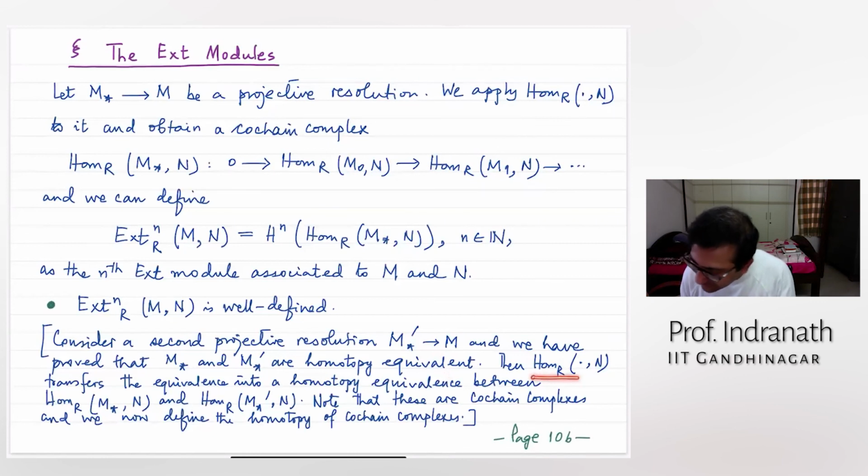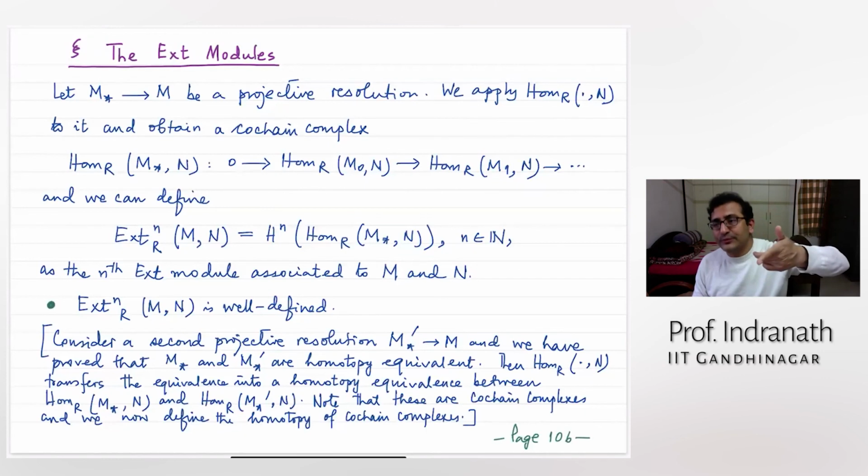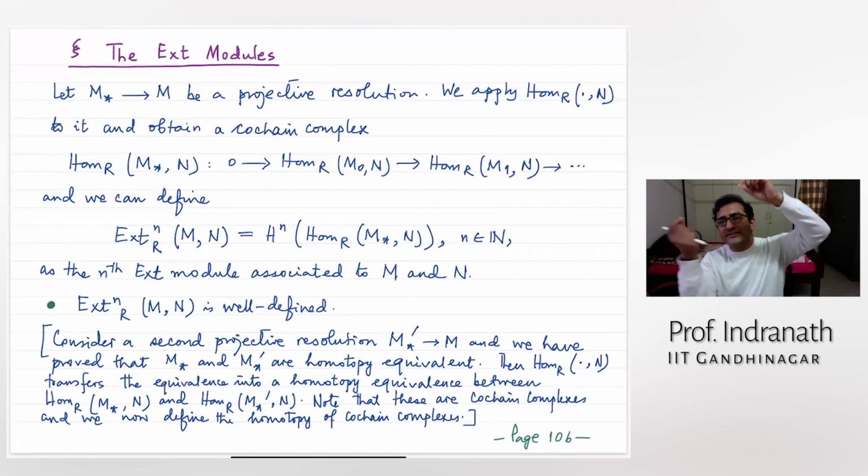Then you apply the functor, and this transfers the homotopy equivalence into a homotopy equivalence between these two complexes, chain complex going to cochain complex. Once you have a homotopy between complexes, that gives rise to equality at the level of homology modules.